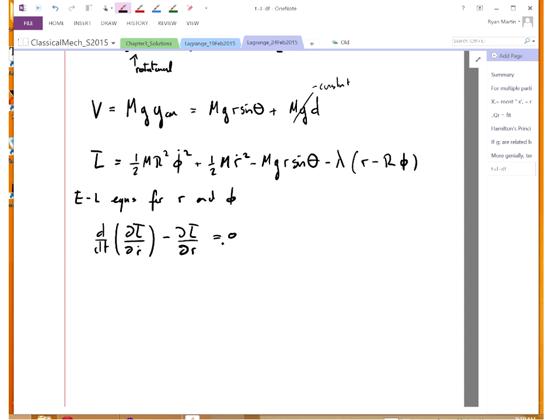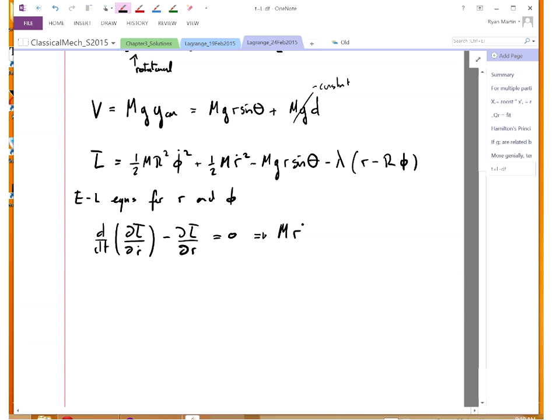First I need partial L bar by partial r dot. There's only one term that has an r dot, and that's the half m r dot squared. And when I do d by dt of that, I'm going to get m r double dot.